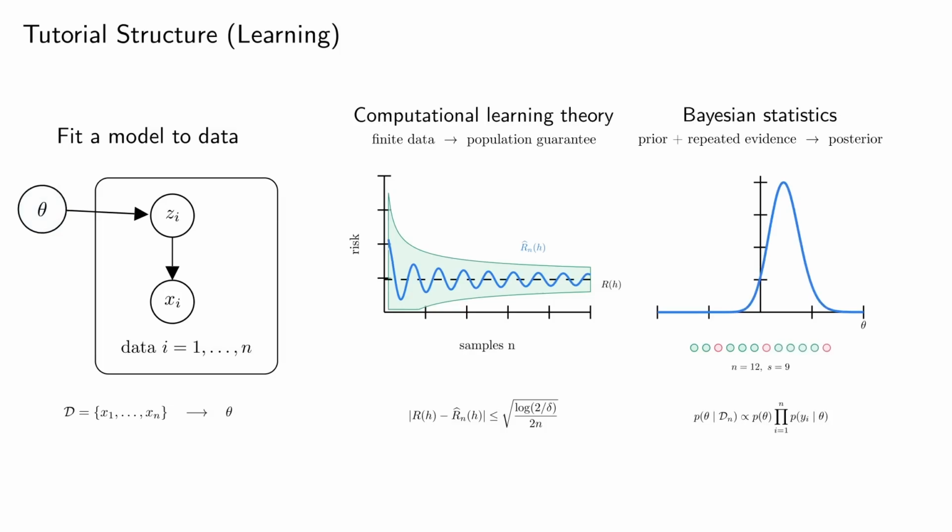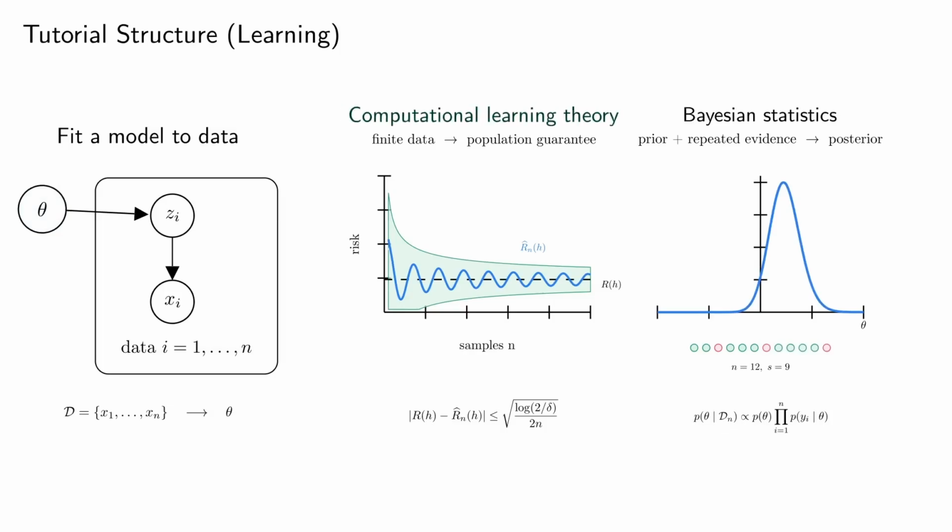Once we have the posterior, we can summarize it with a posterior mean or a maximum a posteriori estimate. More importantly, we can propagate the entire parameter uncertainty into a posterior predictive distribution for a future observation.